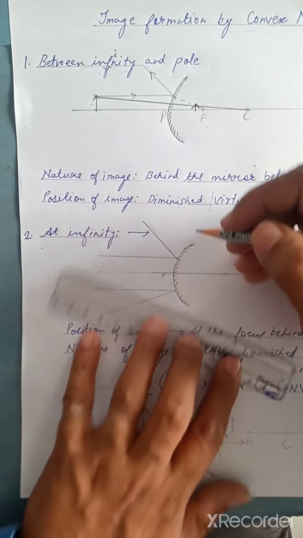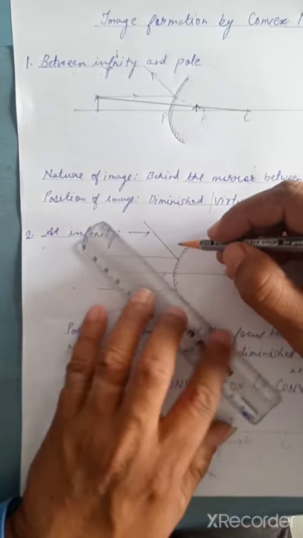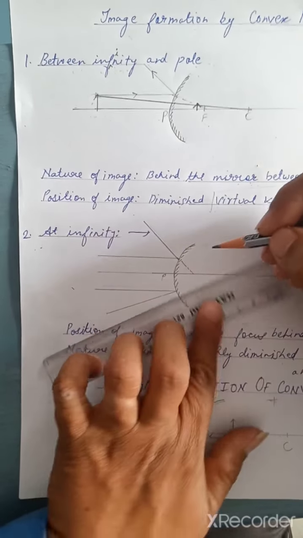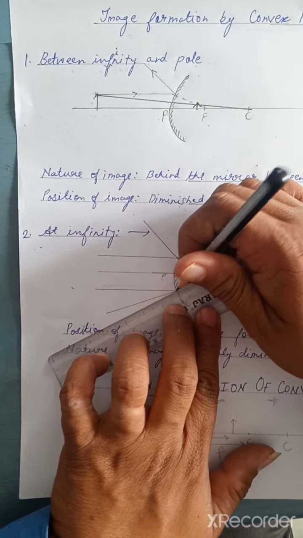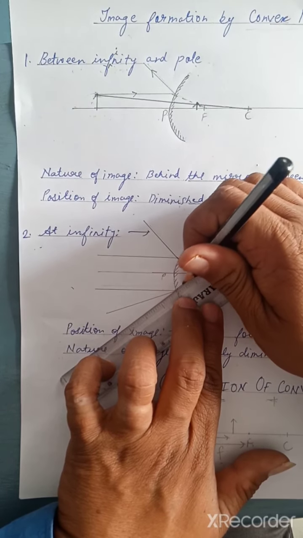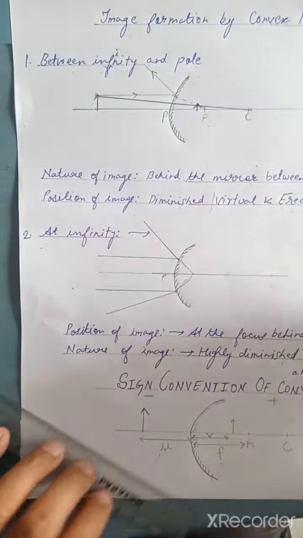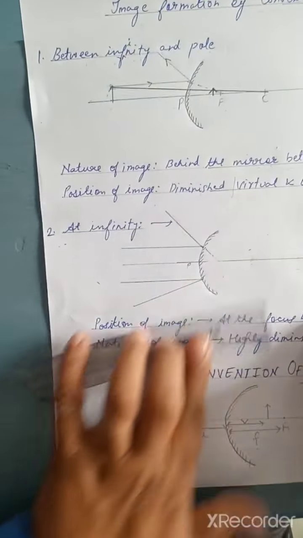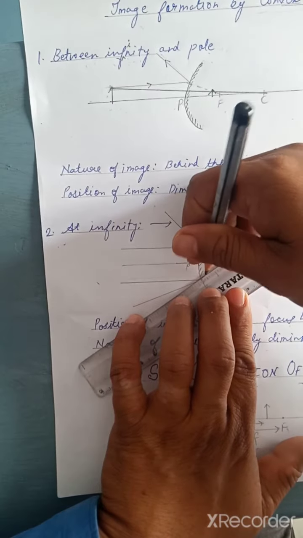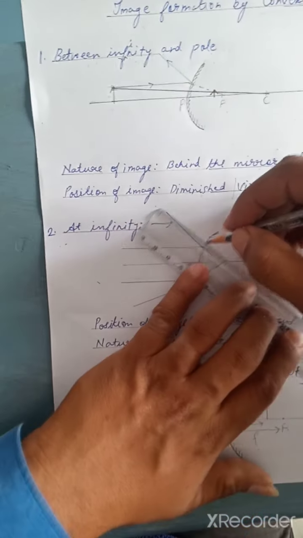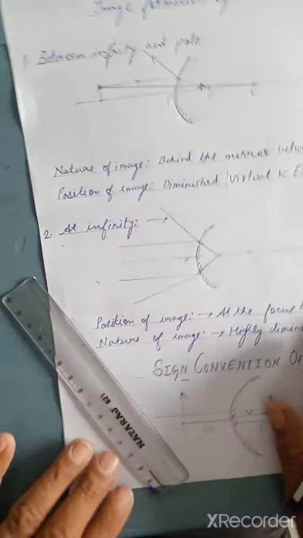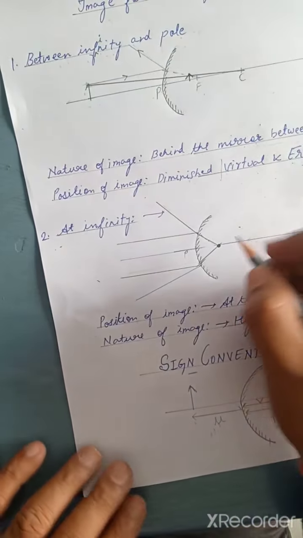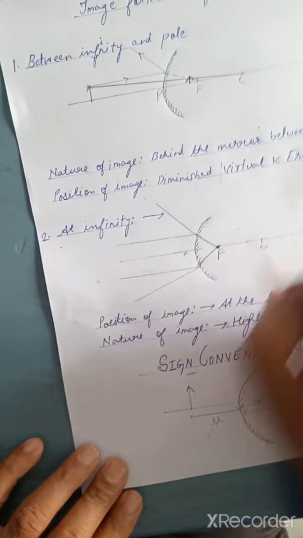If you see where they will be meeting, behind the mirror they will be meeting at this point, and that point will be called the focus. So when the rays are coming from infinity, they will be meeting at the focus.